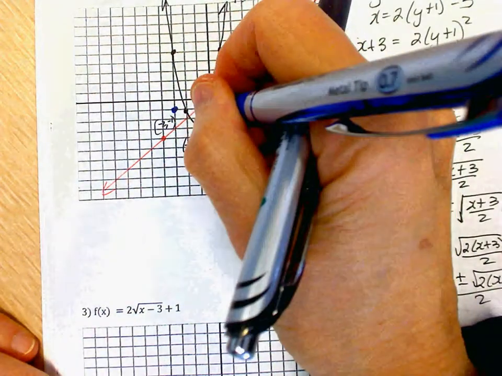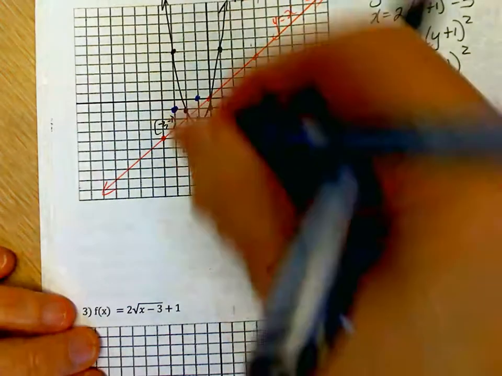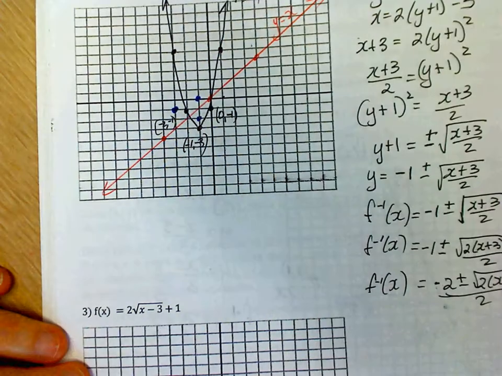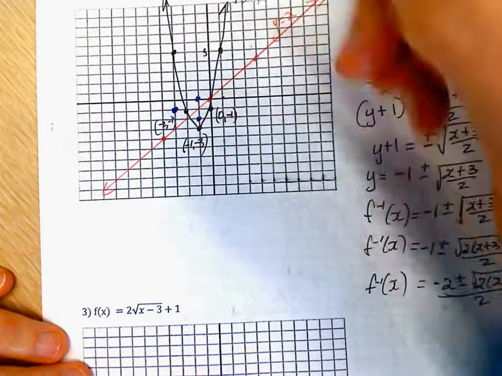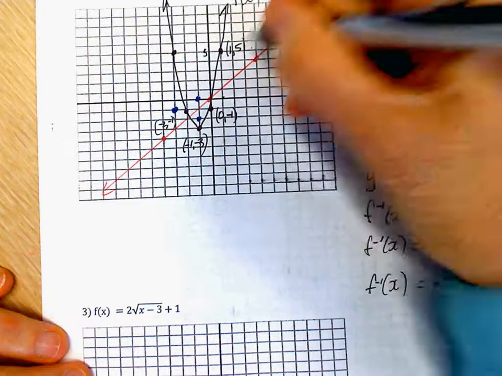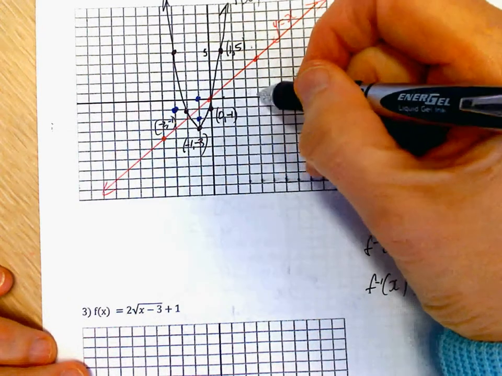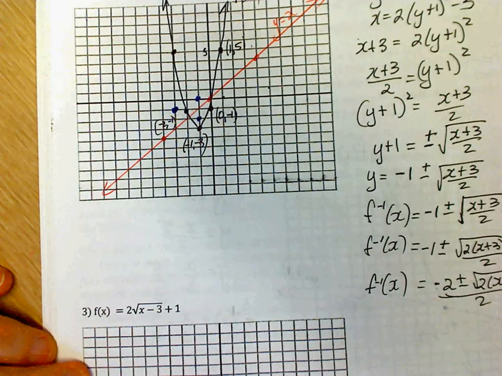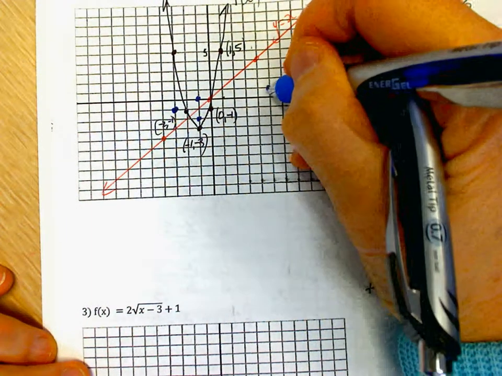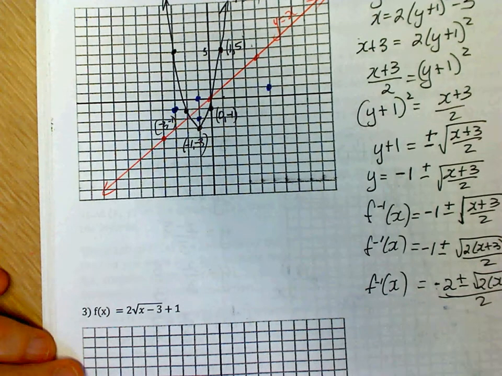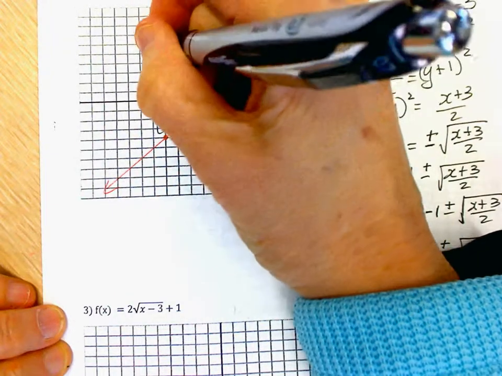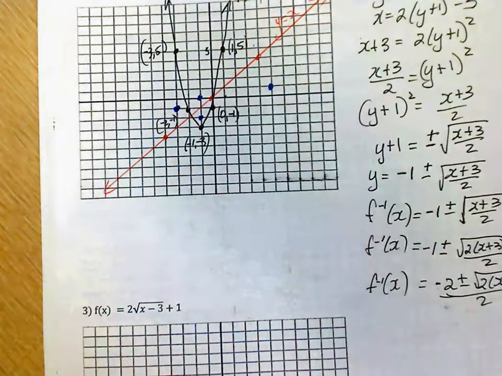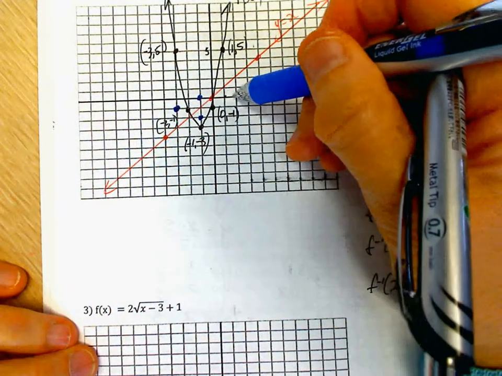I'm trying to be careful. This point is 1, 5. My inverse is 5, 1. This point is negative 3, 5. My inverse becomes 5, negative 3.